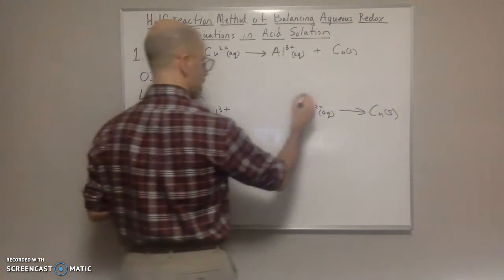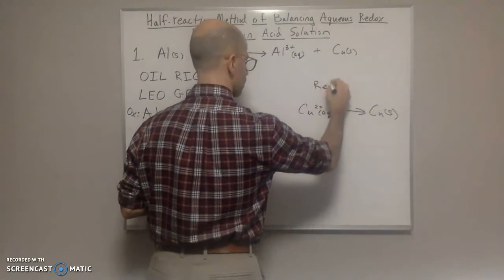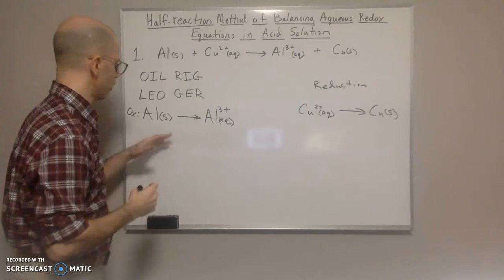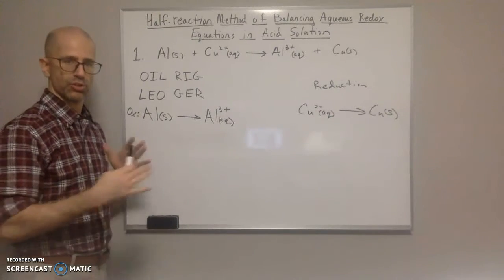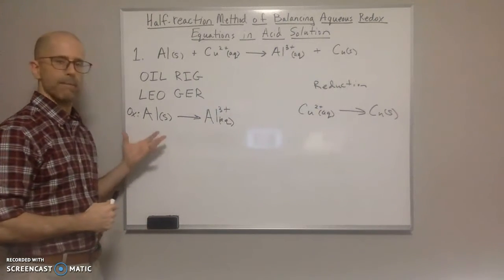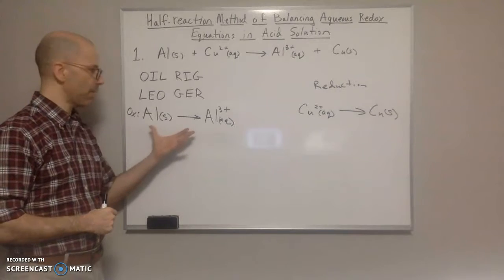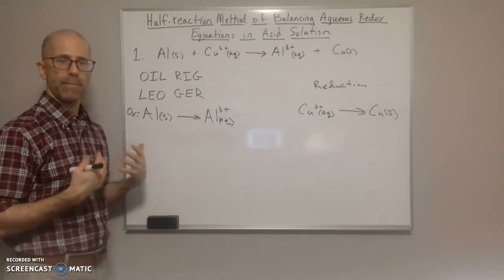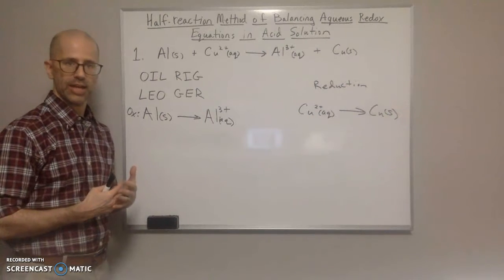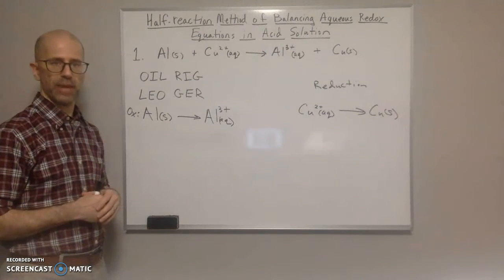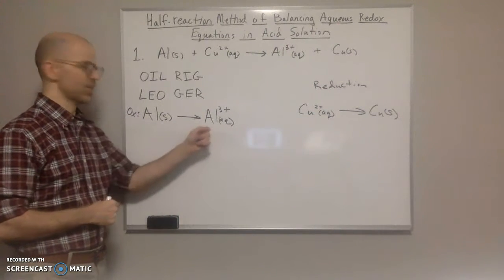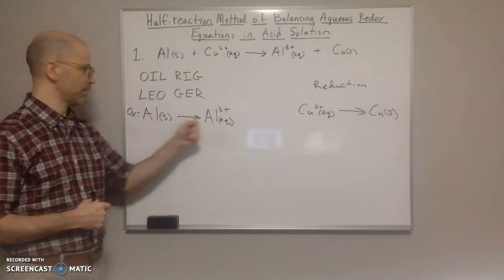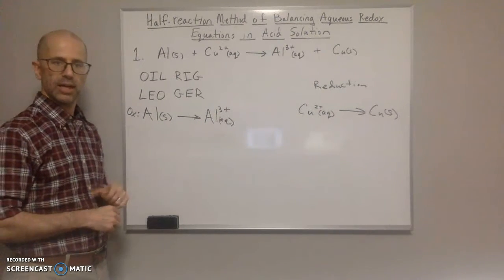This is the reduction side. So the first thing we want to do, now that we have these separated into two halves, is make sure that both half reactions are balanced in terms of mass. So we're following the law of conservation of mass, which means that we're balancing the elements. We want to make sure we have the same number of elements on both sides.